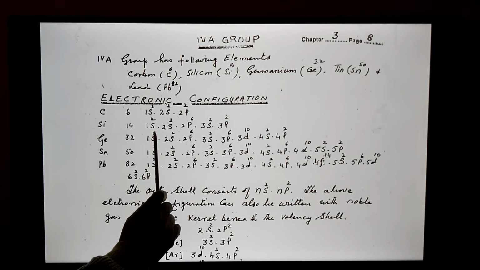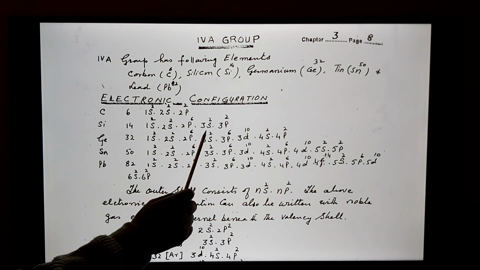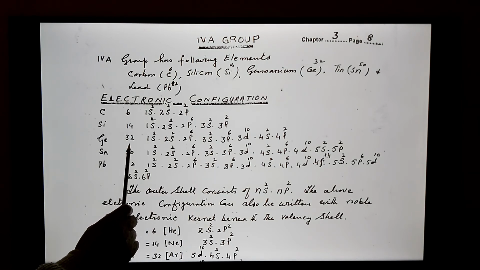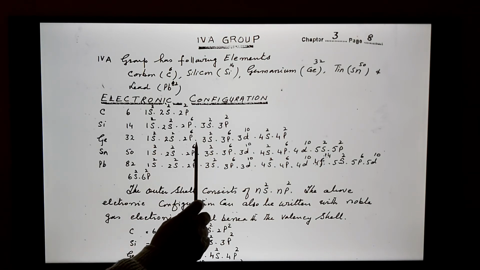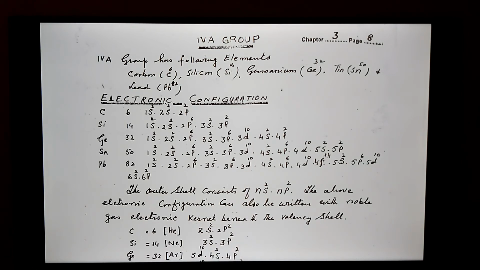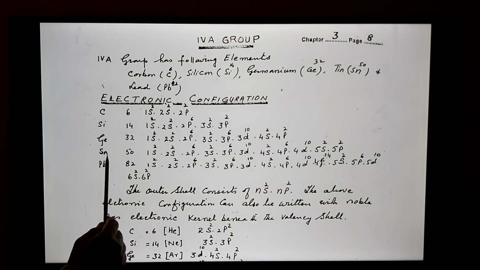Silicon, likewise 1s2, and in the outermost shell it has 3s2, 3p2. Germanium, 32, principal quantum number 4, in the outermost shell 4s2 and 4p2. So again 4 electrons.